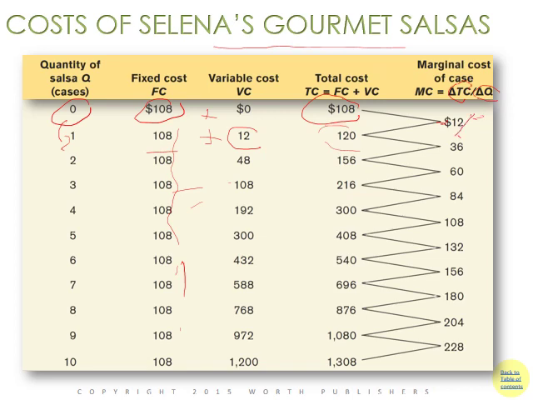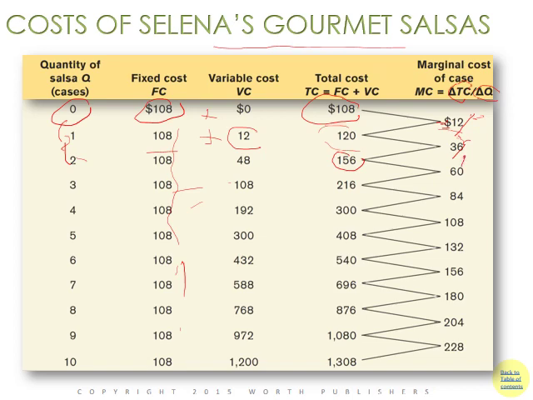So our marginal cost of the first case of salsa is $12. Then the second case, total cost goes from 120 to 156. So our marginal cost is the change in total cost, 36, divided by the change in output, and output goes from 1 to 2. So marginal cost is $36 divided by 1, or 36.